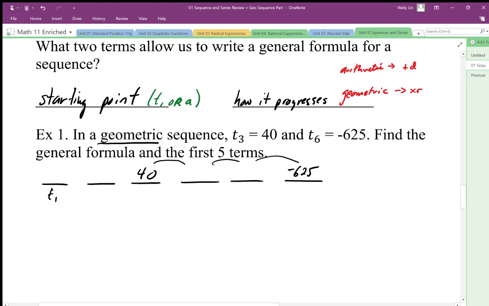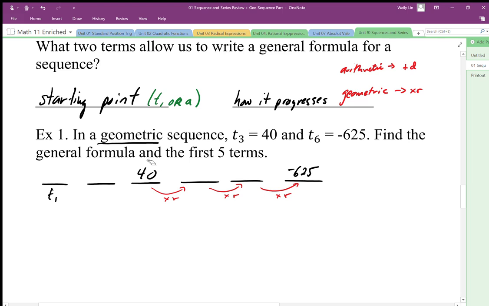From here, we know this is a multiplying progression since it's geometric. So we need to know this times r, some times r here, some times r here, some times r here. Well, to work out that times r, we really need to know how often we multiplied it. So really we had r times r times r.